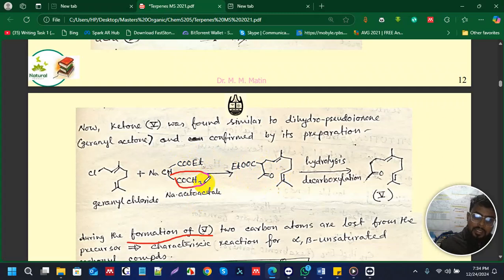The COCH3, the acetone part, would be connected with this CH portion. In this way, geranyl chloride will connect with sodium acetoacetate.